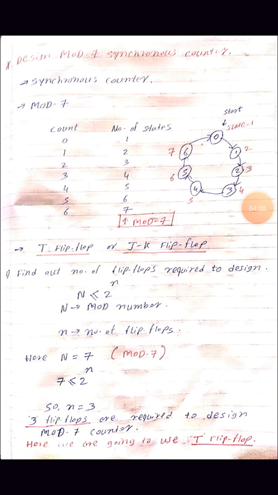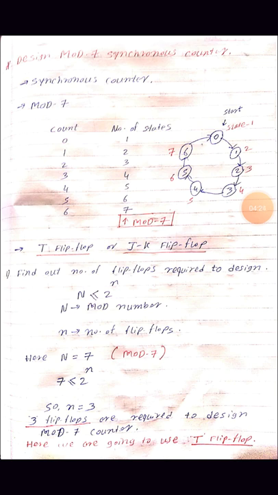So 7 is less than or equal to 2 raised to n. So the value of n, that is small n, the number of flip-flops, is 3. We require 3 flip-flops. Either you can design with the help of T flip-flop or with the help of JK.